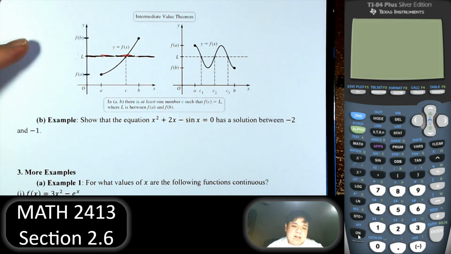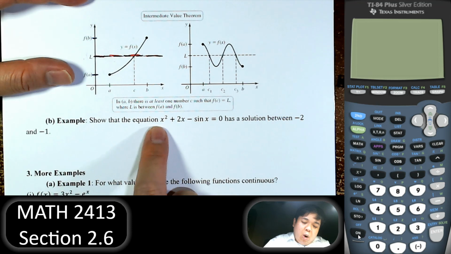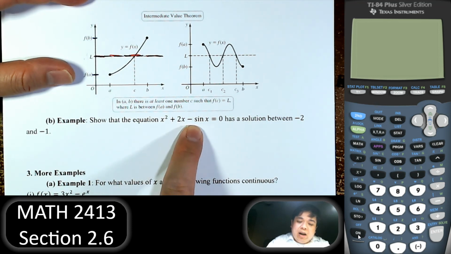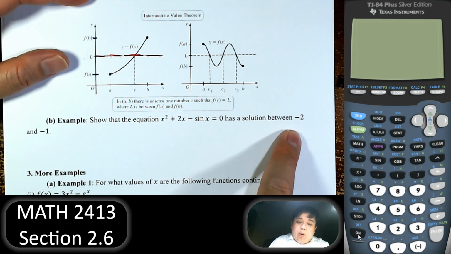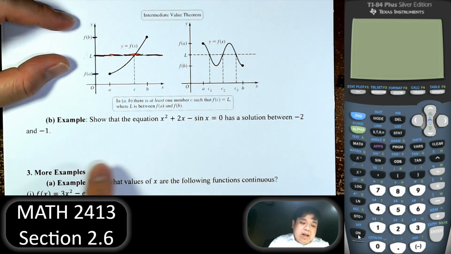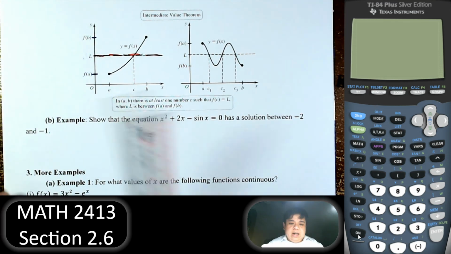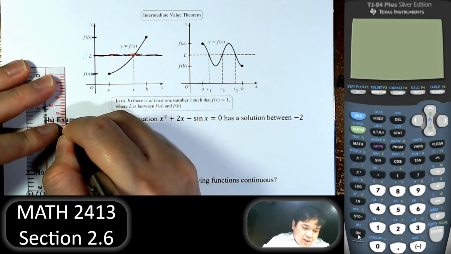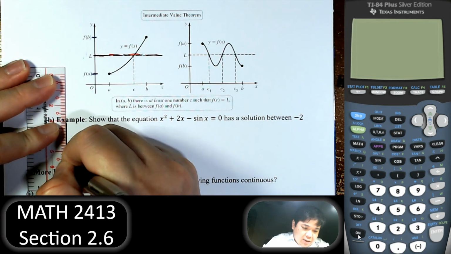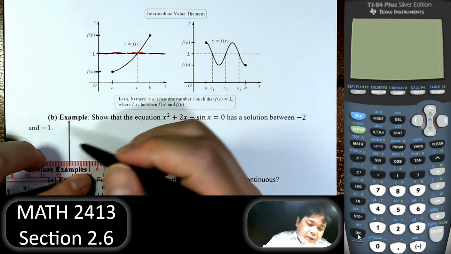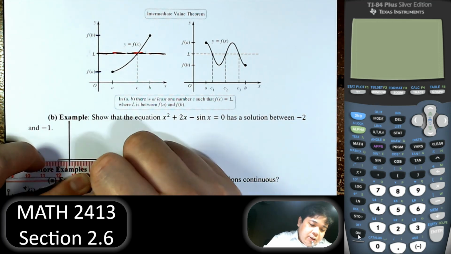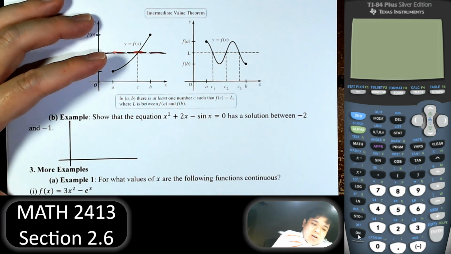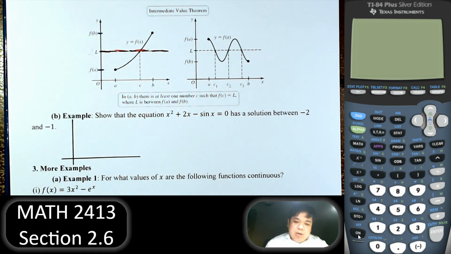Right, here's an example. Show that the equation x squared plus 2x minus sin x equals 0 has a solution between -2 and -1. So it will be easier if we just try to sketch this. So we have the values of the function between -2 and -1.